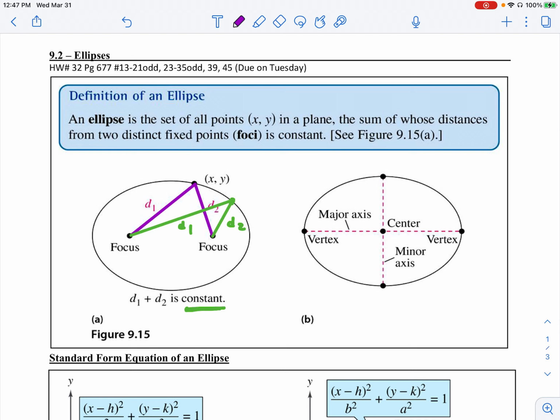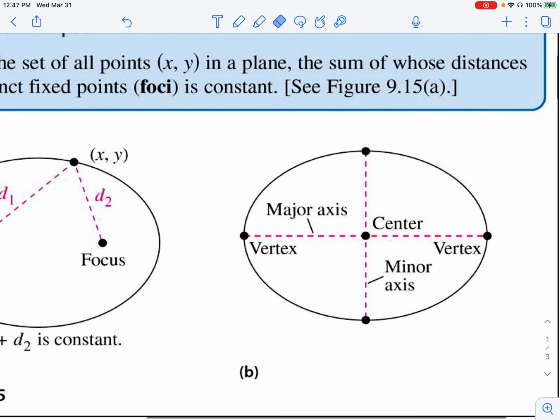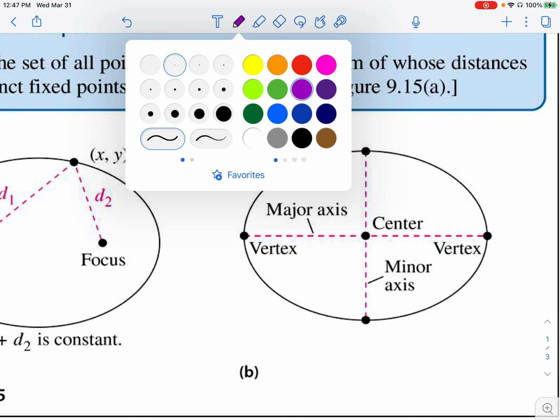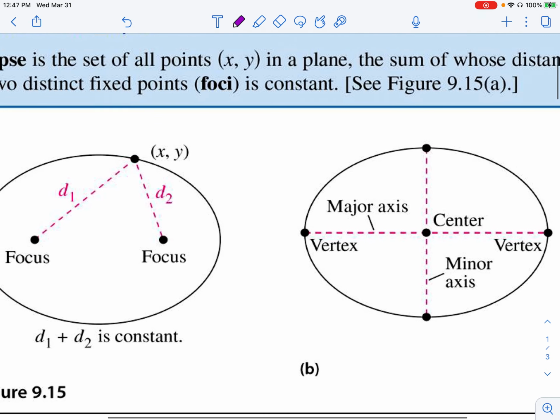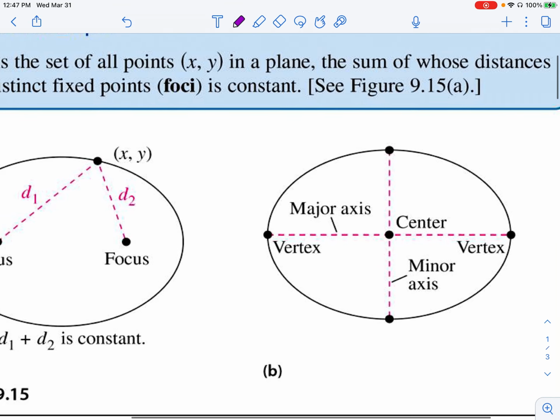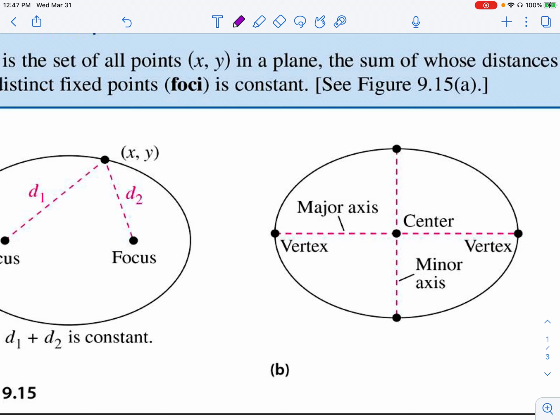So with that in mind, let's actually break down some of the key components of what an ellipse has. This is going to be important for us as we start to understand the standard form equations of an ellipse. So on every ellipse, we already know that we have the two foci. The endpoints of an ellipse can be either the vertices or the co-vertices.